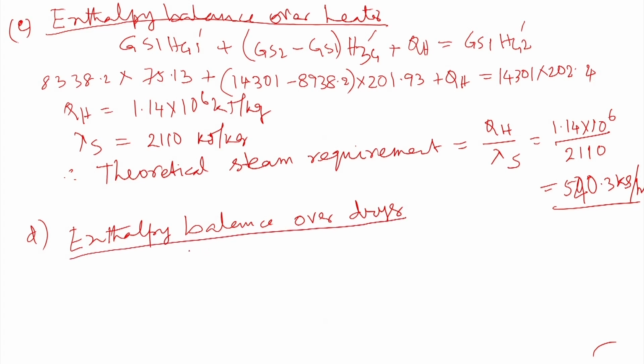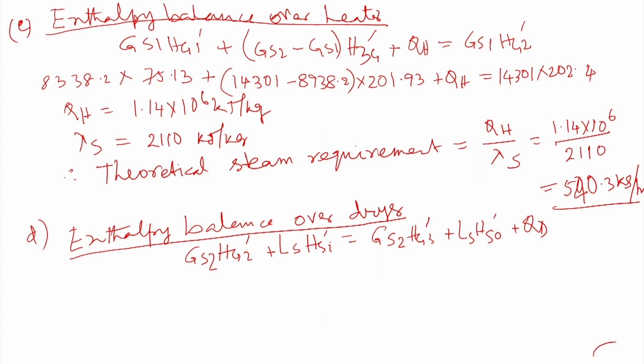So, here we will be doing GS2 into Hg2 prime plus Ls into Hsi prime is equal to GS2 into Hg3 prime plus Ls into Hso prime plus how much load we are giving to this dryer.